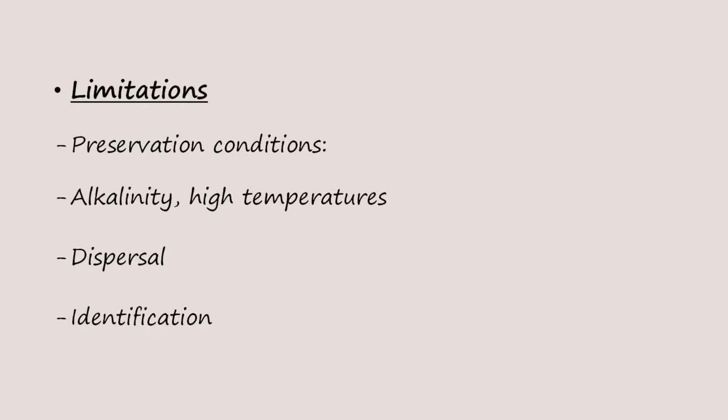So obviously wind pollinated plants produce more pollen that gets preserved. There's also an issue of identification, but this won't be a problem for this project because wetlands and lakes produce some of the most well-preserved pollen.